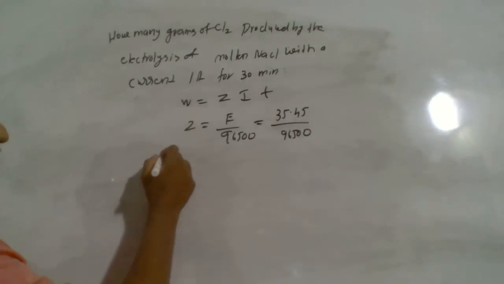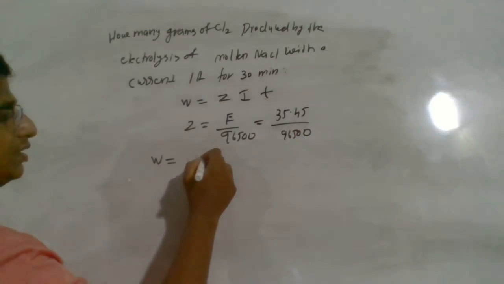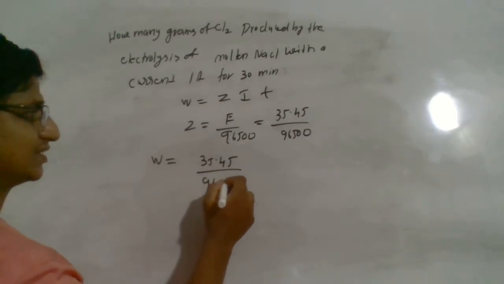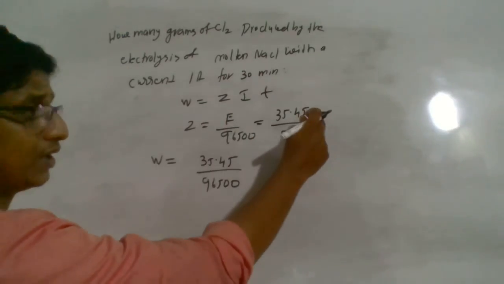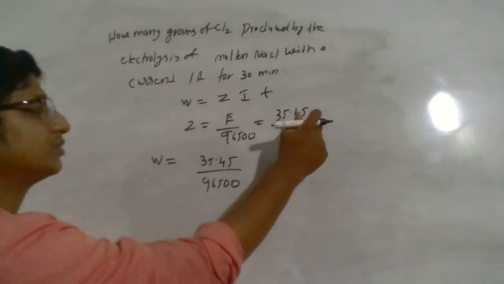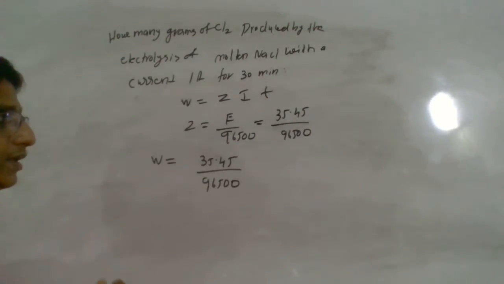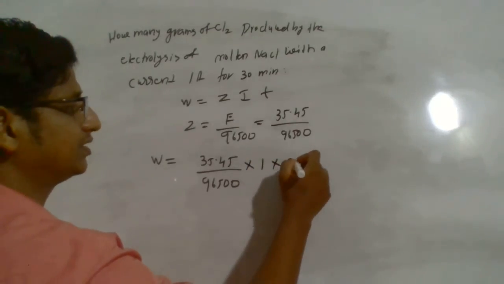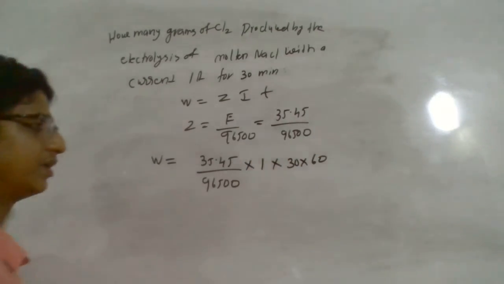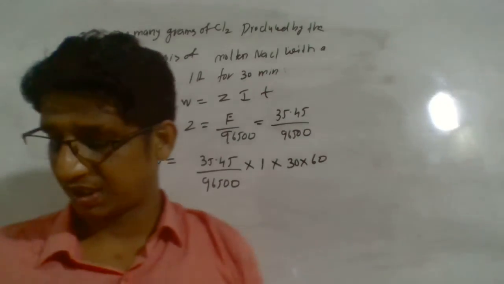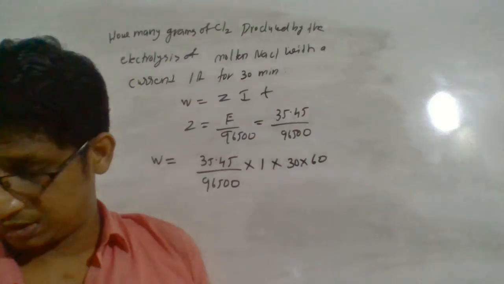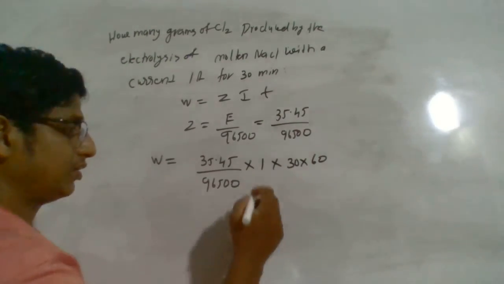So W, the mass of substance deposited, is equal to 35.45 divided by 96500, where 35.45 is the equivalent mass of chlorine, into 1 ampere into 30 into 60. For converting into seconds, we multiply 30 into 60.